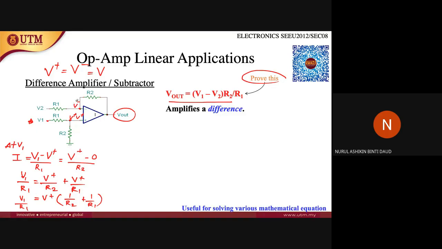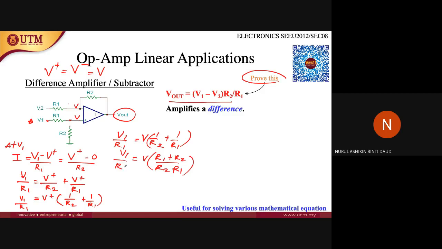Okay. So instead of writing this V plus and V minus, let's write V. Okay, so it's going to be easier. So V1 over R1 equals V over 1 over R2 plus 1 over R1, where this also equals R1 R2 over R2 R1, right?